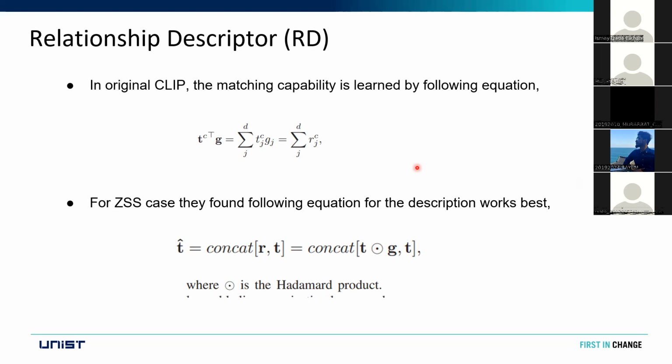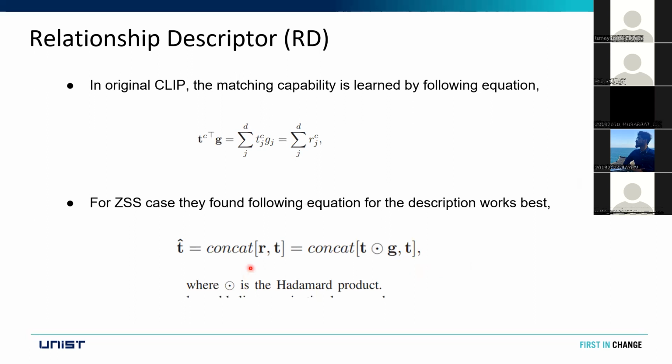Motivated by that, in their experiment they found that if they use this equation for the relationship description between text and image, they get much better results. There is a problem of not classifying the unseen classes properly, noticeably limited.